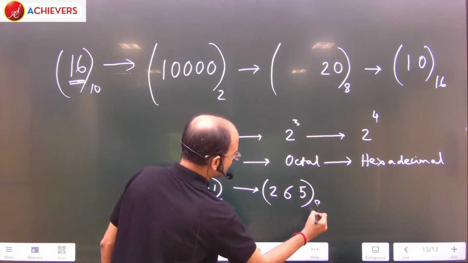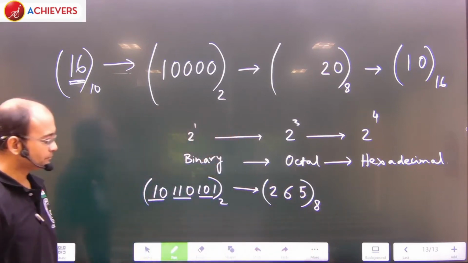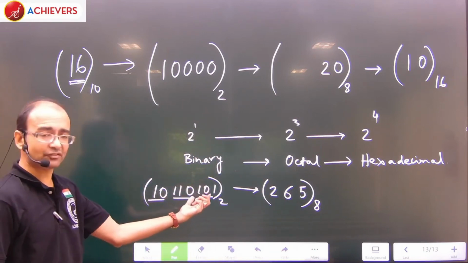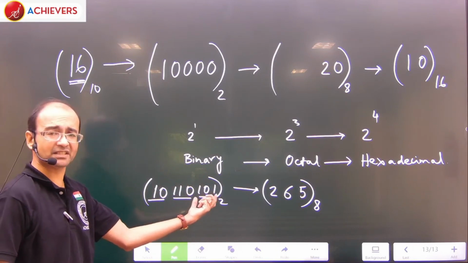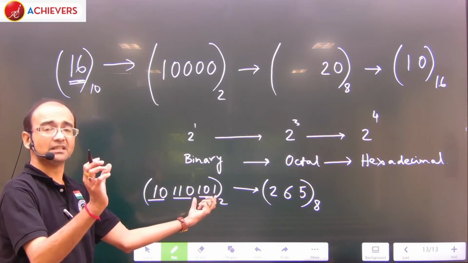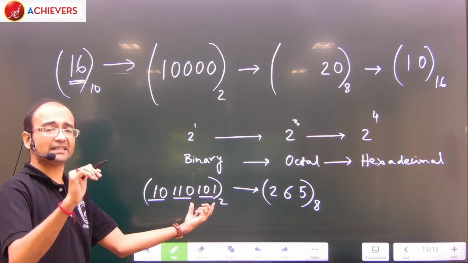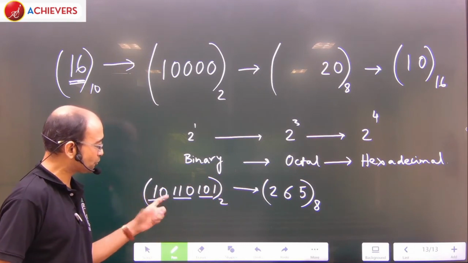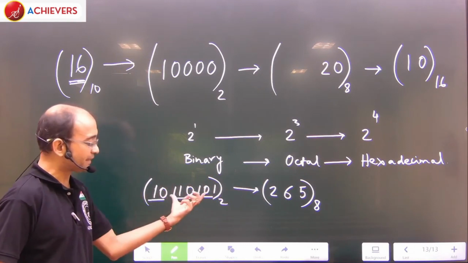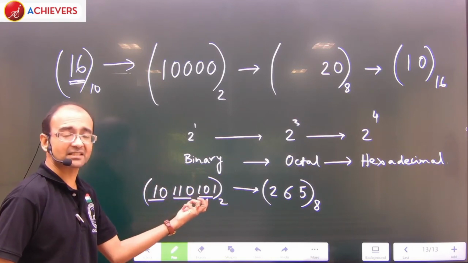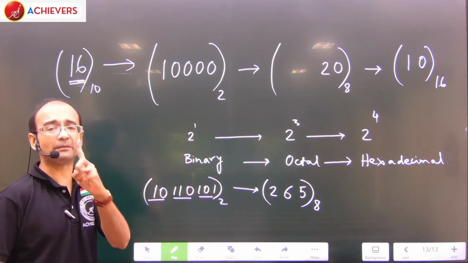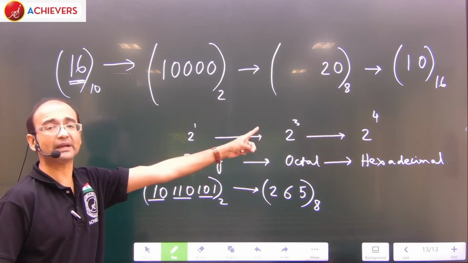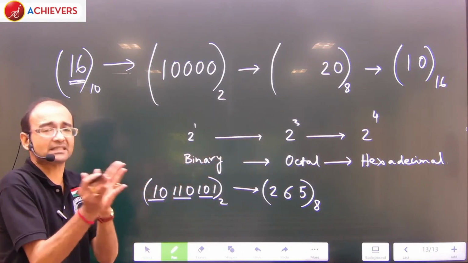This is the equivalent octal. Three binary digits, in short bits, are each converted to 1 digit of octal, because 2 to the power 3 is equivalent to 8, which consists of 3 bits of binary.